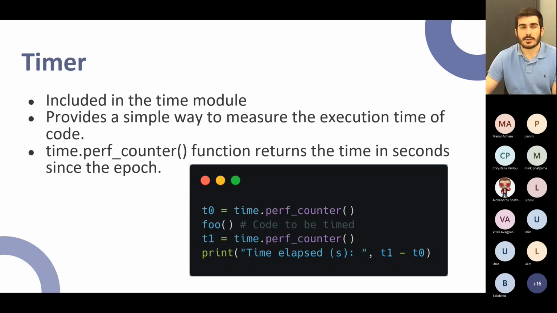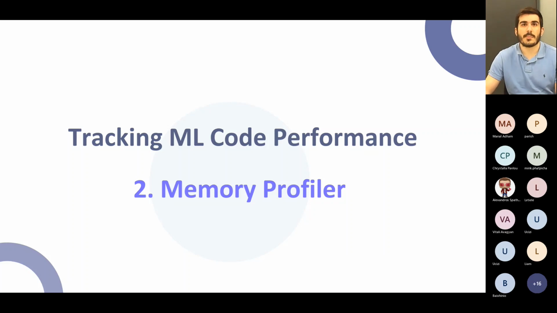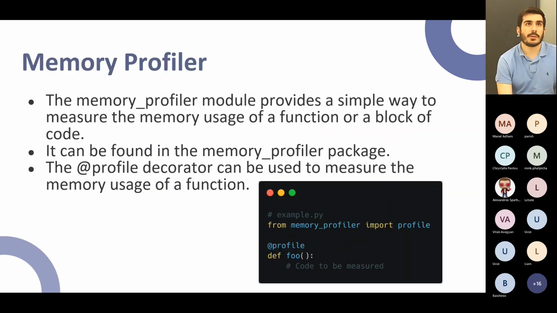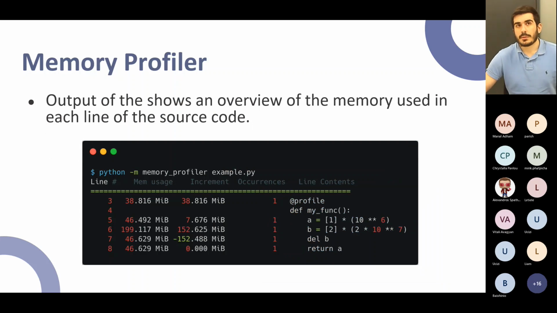Now there are more complex ways, such as using the memory profiler. The memory profiler is found in the memory profiler package in PyPI. The only thing you need to do in order to track how much memory each line of your code uses is to add the profile decorator above the function you want to profile, and then you run your Python script or module through the memory profiler module itself. So you do not run your code normally, but you need to run it through the memory profiler module.